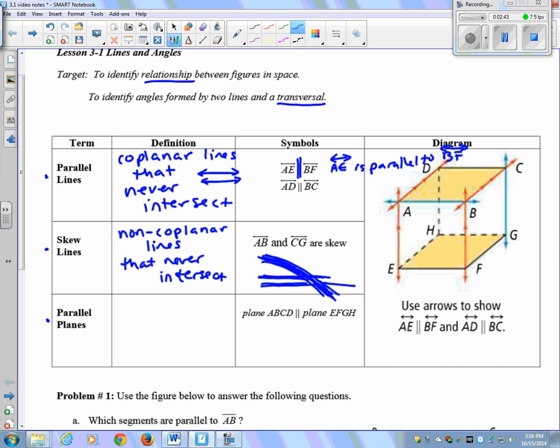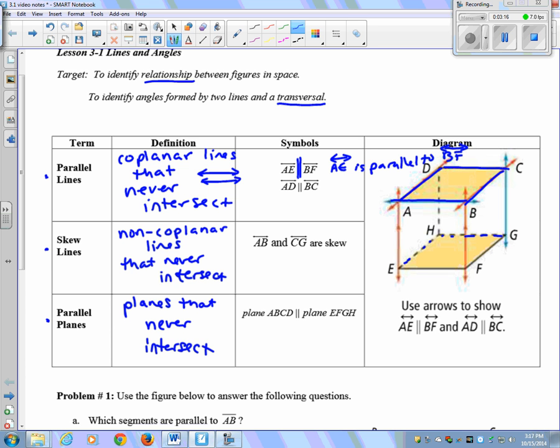they're on different planes. Okay, and parallel planes are two planes, or more than two, that never intersect. If you look at this diagram, they show us in yellow these two planes, and remember planes go on forever, that are parallel to each other.